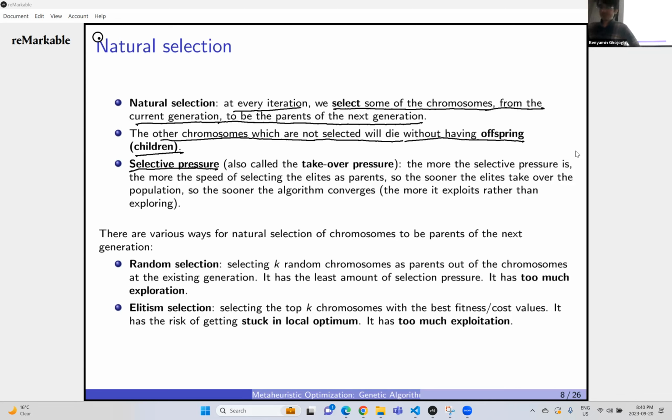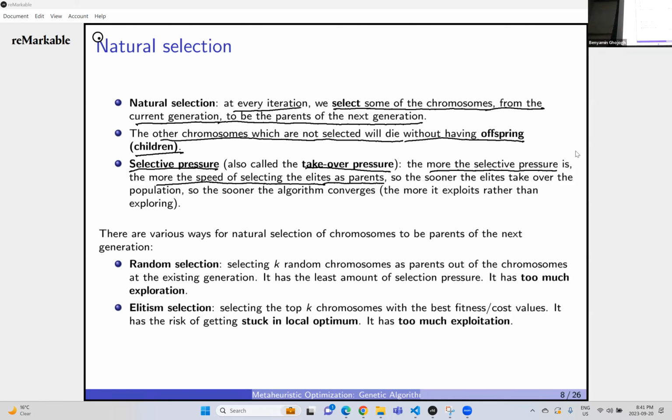There is something named selective pressure in this algorithm. It's also called takeover pressure. So what does it do? The more the selective pressure is, the more the speed of selecting the elites as parents. What do I mean?